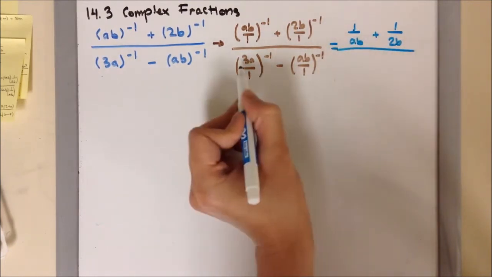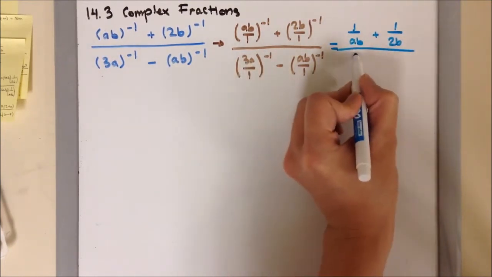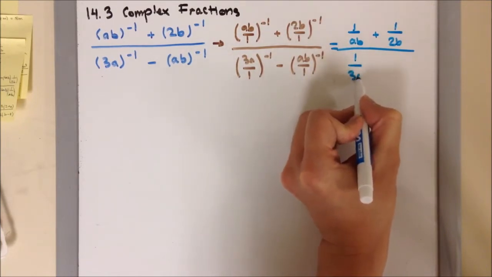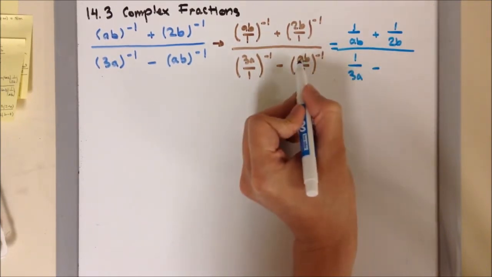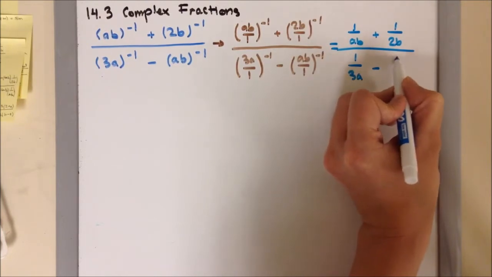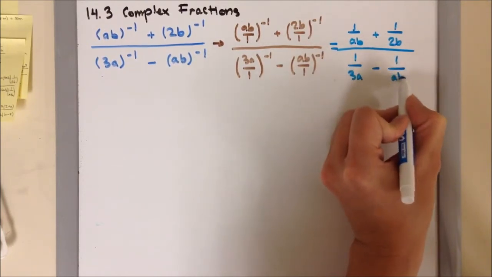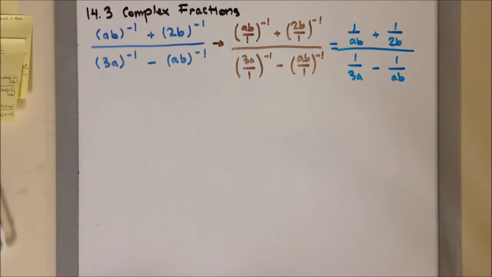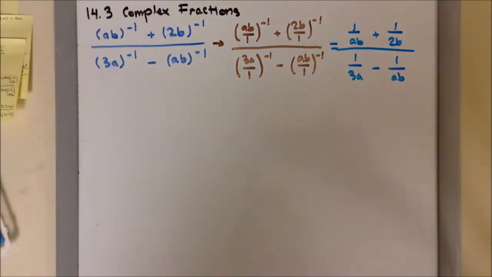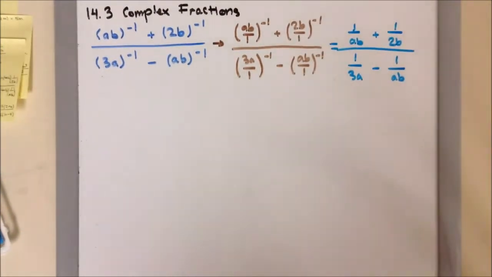Now for the denominator, 3A over 1 will become 1 over 3A. And then minus AB over 1 will now become 1 over AB. So that's why this one is also called a complex fraction. Now here we actually have 4 mini fractions.